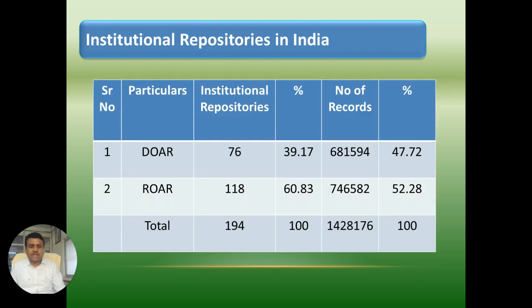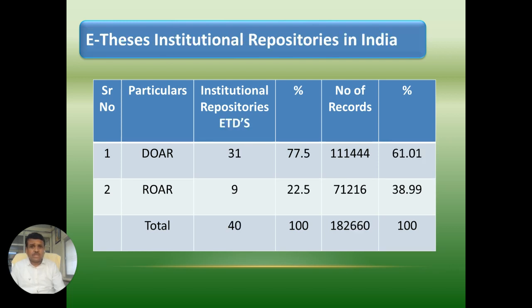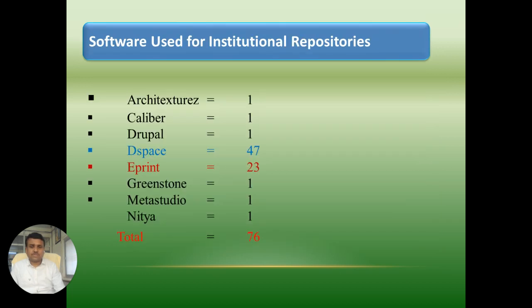Institutional repositories in India: DOAR in India, its percentage is 47%. ROAR, that is 52%. eThesis institutional repositories in India based on DOAR, that is 61%. Based on ROAR, it is 38%.